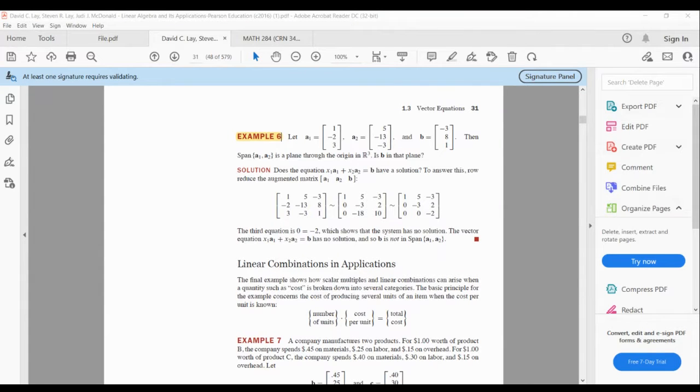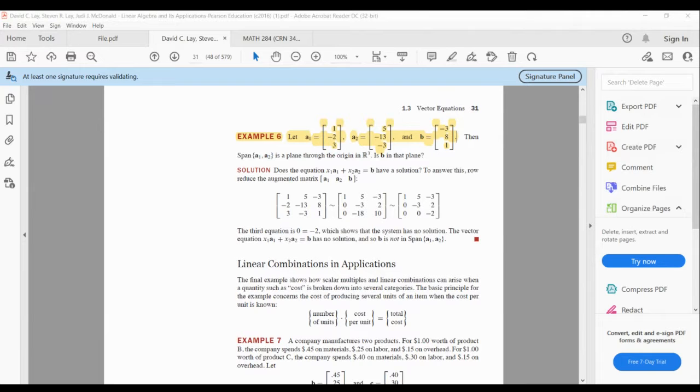So example 6 says, you have vectors A1 and A2 in 3-dimensional space and a vector B also in 3-dimensional space. Let me try to highlight things a little bit here.